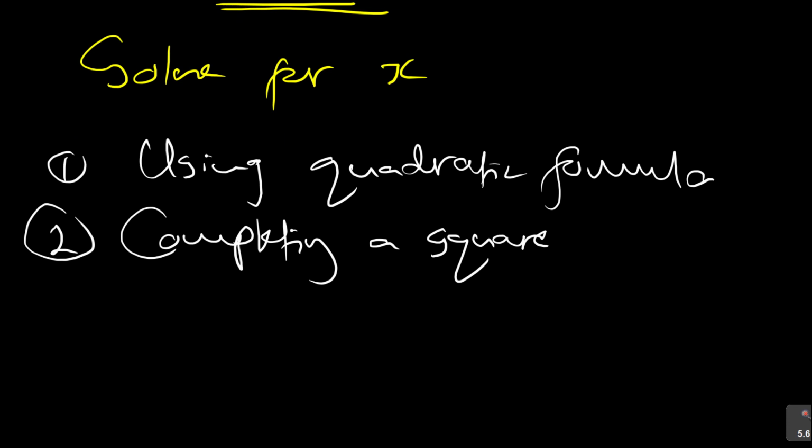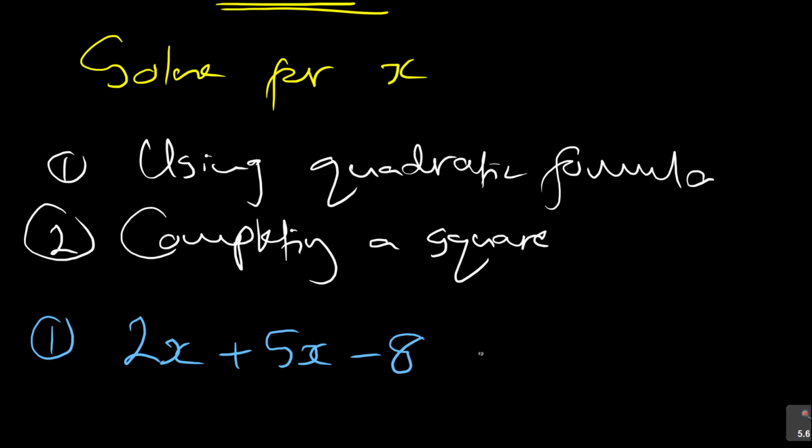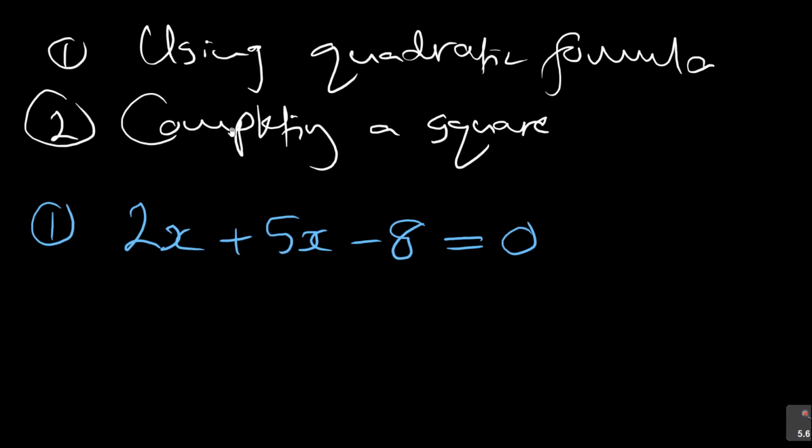But now let's write it down. What is the first question? Question number 1. I've got 2x squared plus 5x, and then minus 8 is equal to 0. And then number 2, it's negative x squared.